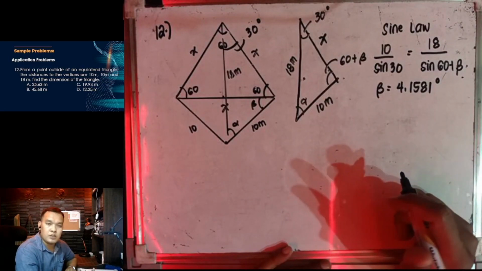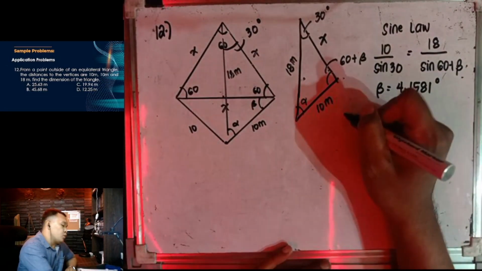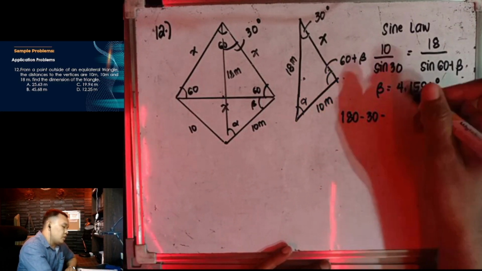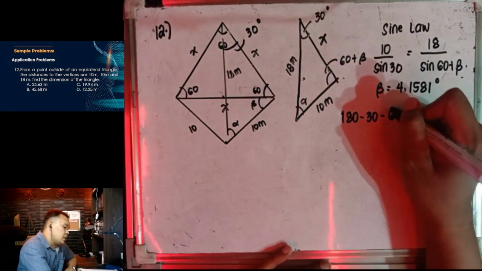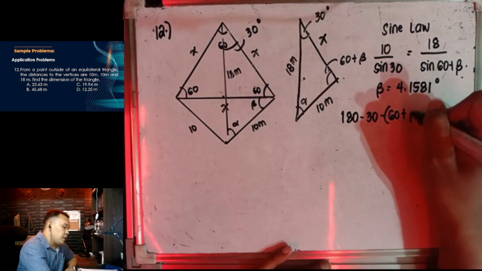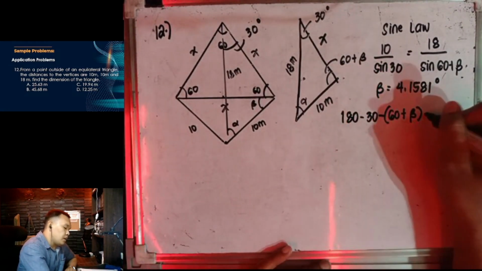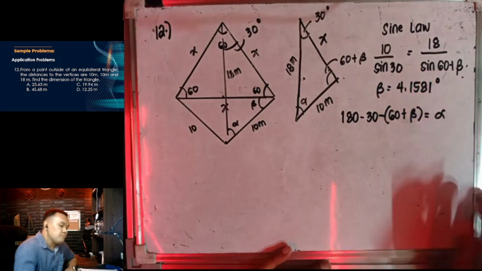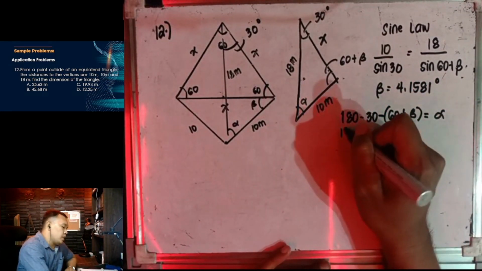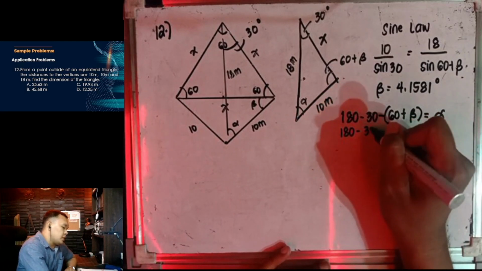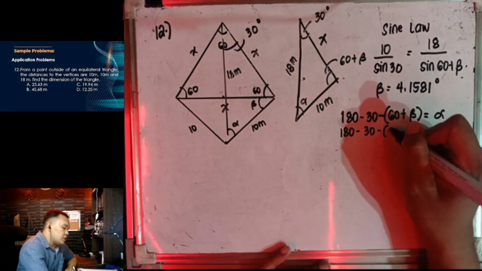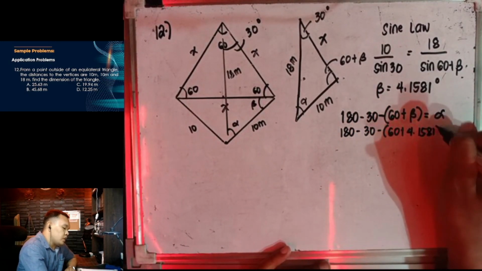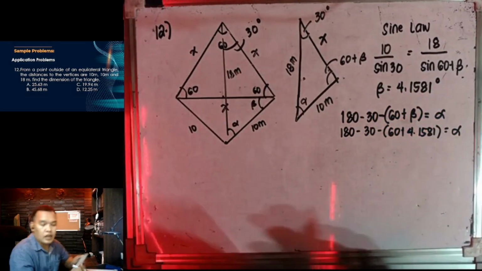So, we could say that 180 minus 30 minus 60 plus beta equals alpha. So, we have here 180 minus 30 minus 60 plus 4.1581 equivalent to angle alpha.